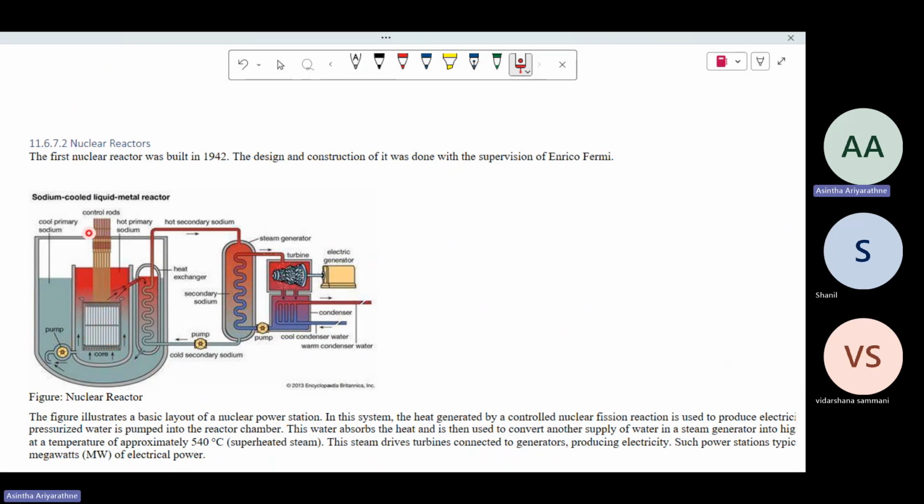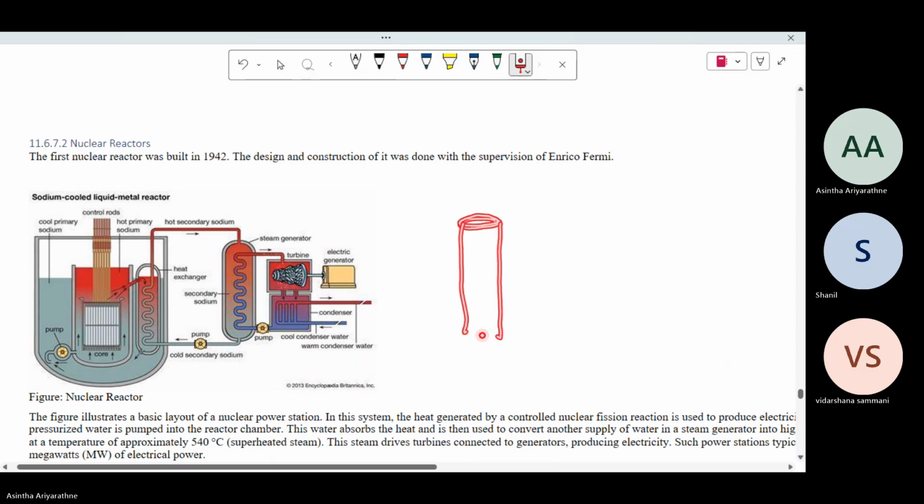And these are called control rods. You can see these are called control rods, and these uranium nuclei are manufactured, synthesized in the shape of cylindrical rods.